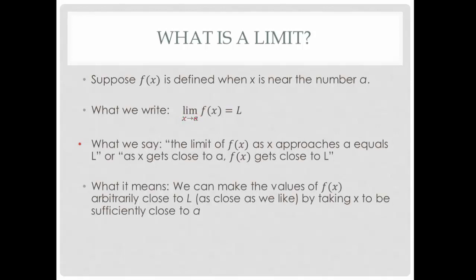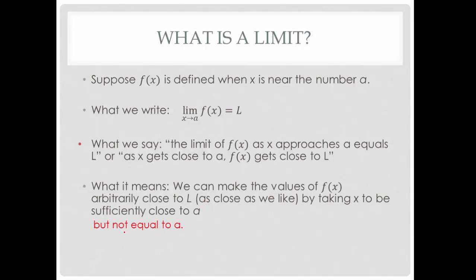So as you let x get close to whatever x value a takes on, your function value, in other words, your f of x, meaning your y value, should be getting close to L, which means L is also a y value. So we can make f of x, your y value, close to this limit, L, by taking x sufficiently close to a. That's what we mean by a limit.